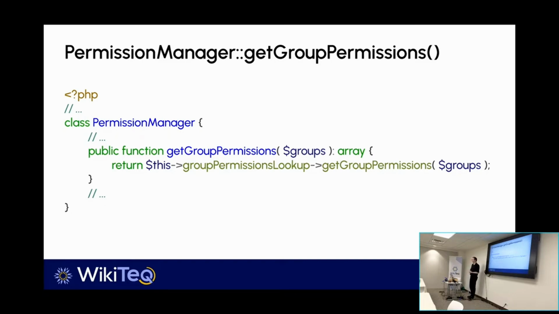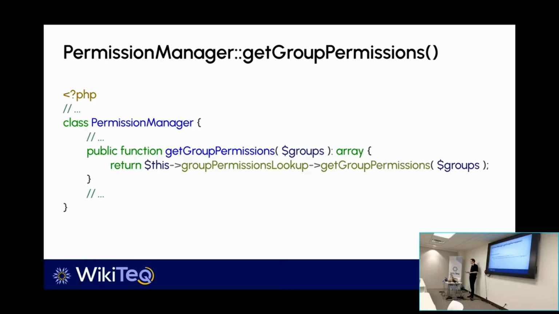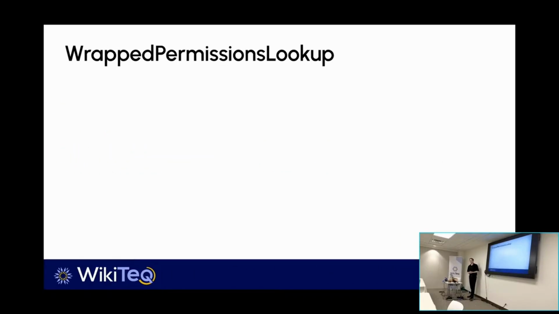We're going to create a custom service that pretends to be the group permission lookup, but will intercept this one call in this one place and do something else. We're going to call that service wrapped permissions lookup because I don't have original namings for my code. It's just wrapping a permission lookup.